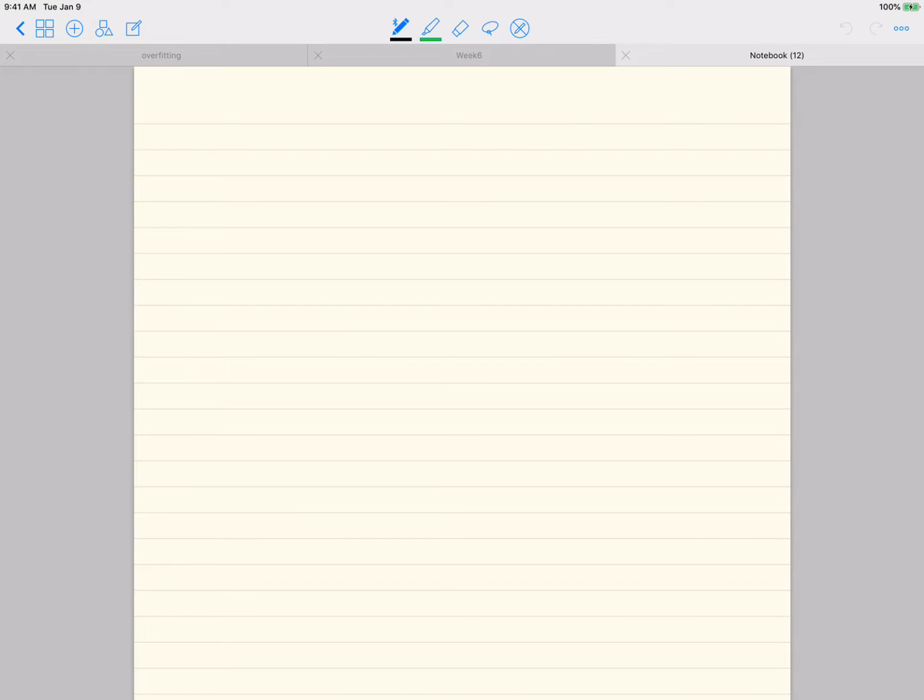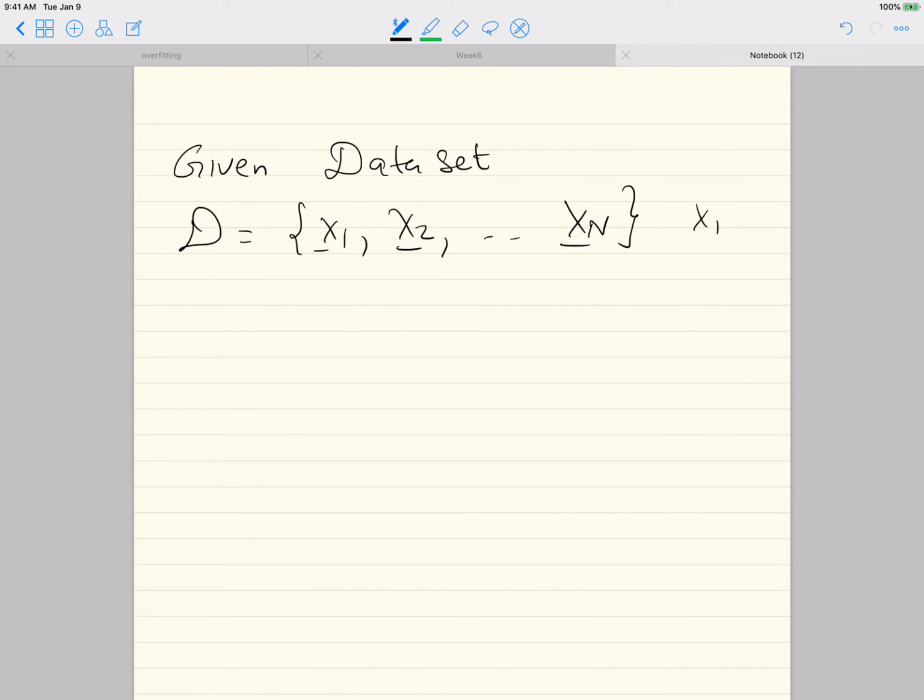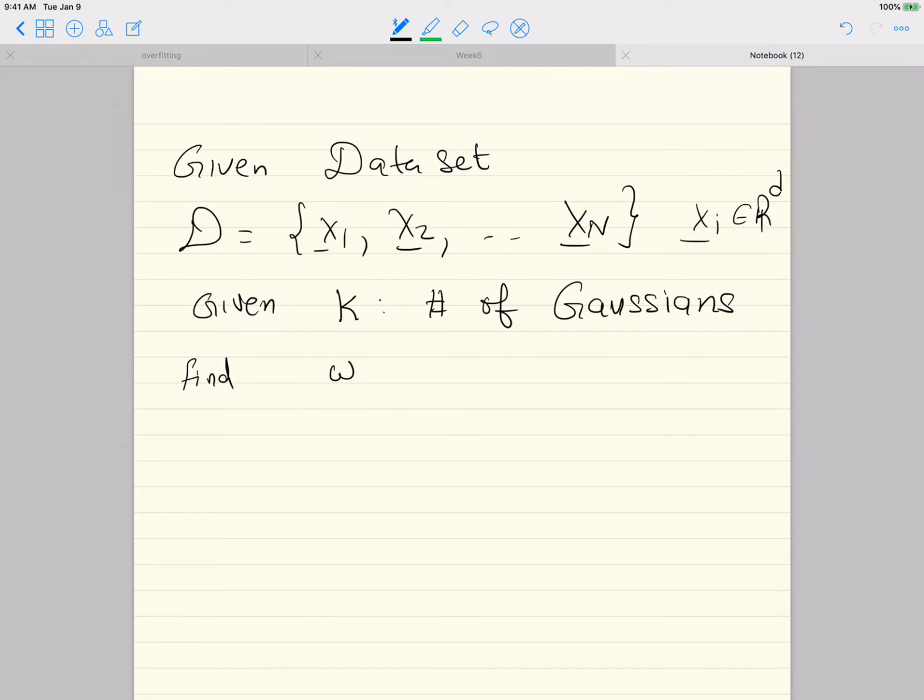So now the question is that we are given our data set. We are given n points in R^d, and we are given k, the number of Gaussians. And our goal is to find Wj, the weights, the means, and the covariance.